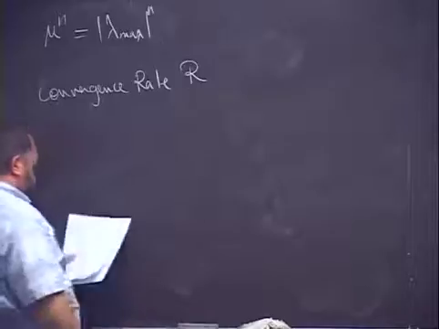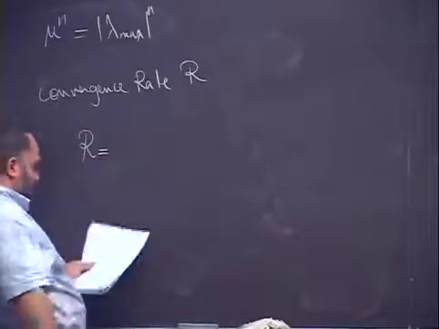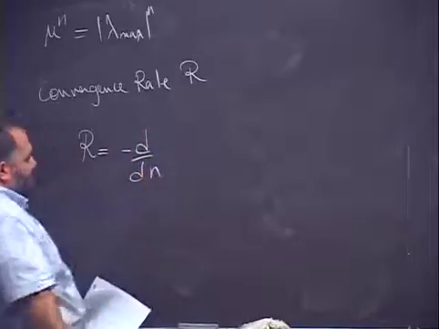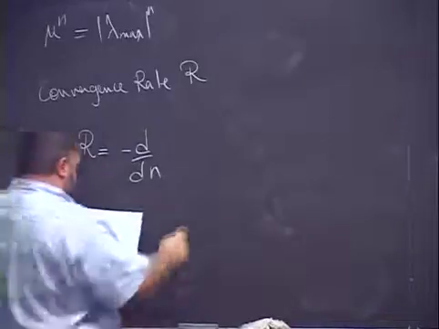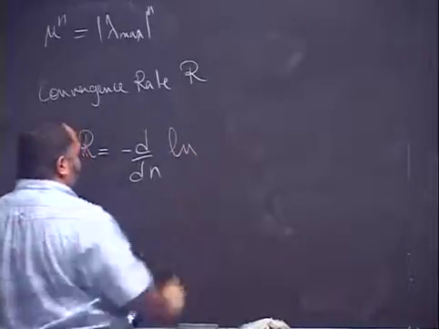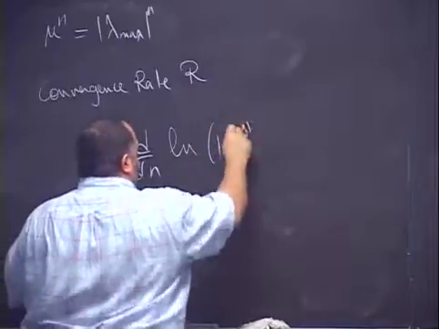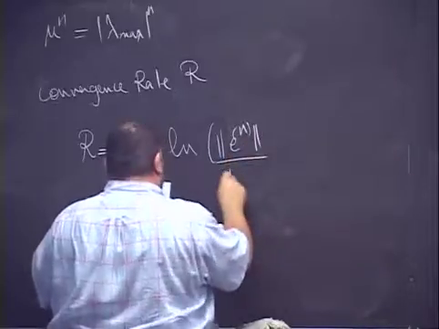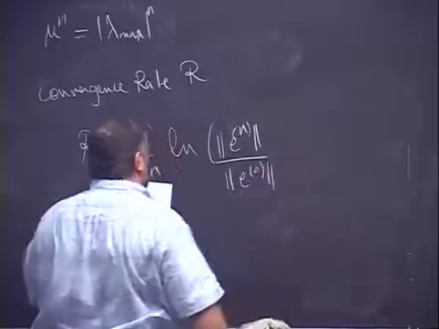We will define the convergence rate R as R equals negative d by dn, differentiating with respect to the number of iterations, of ln of the error after the nth iteration divided by the error of the initial guess.